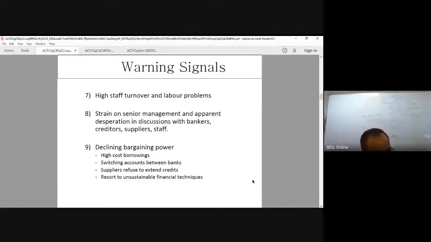It is nothing wrong, but you look at it with some suspicion. Why? What happened? He was dealing with bank A, and now he is coming to our bank asking for a higher facility. Doesn't seem to be a good thing.